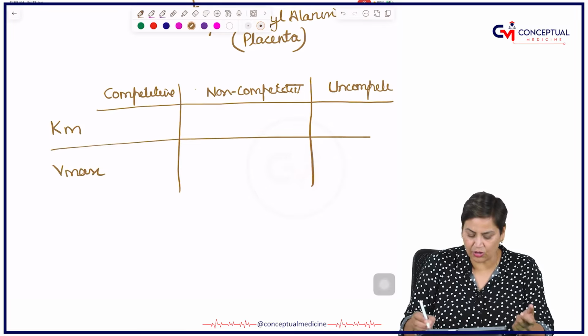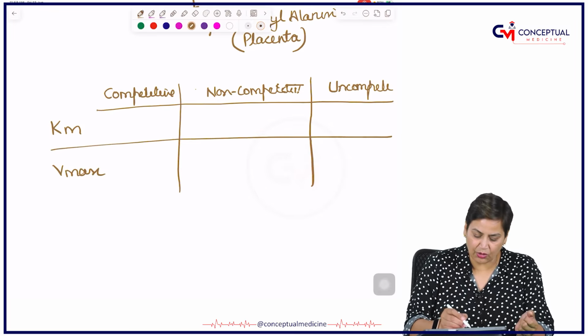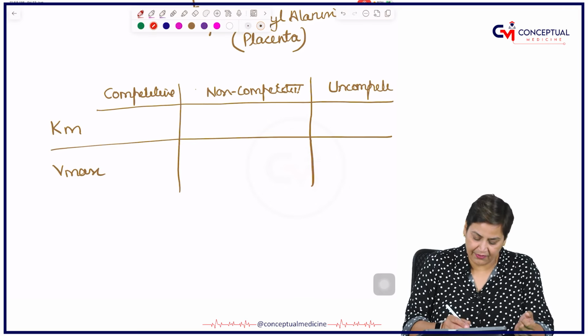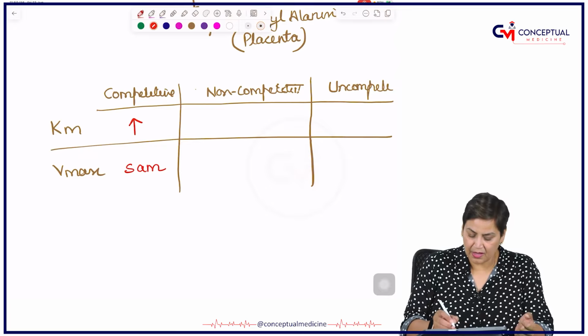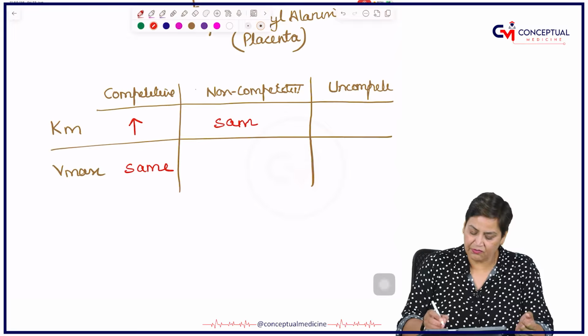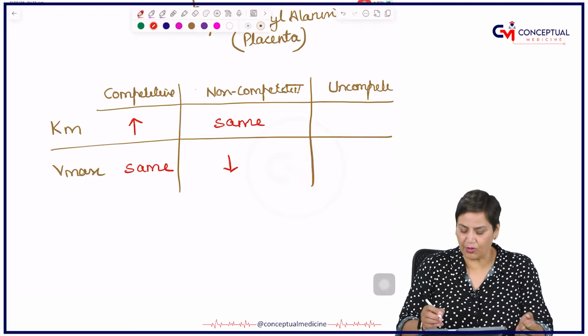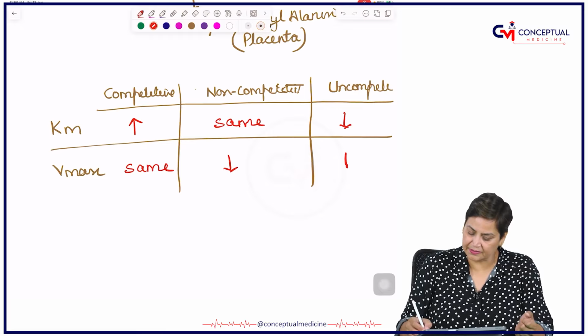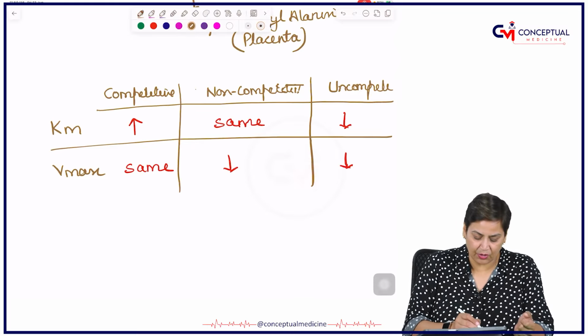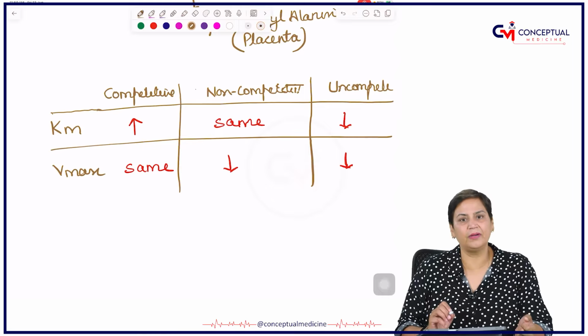So competitive: Km will increase, Vmax same. Non-competitive: Km same, Vmax decreases. And in uncompetitive, both decrease. Right. So this is just a comparative table between competitive, non-competitive and uncompetitive.